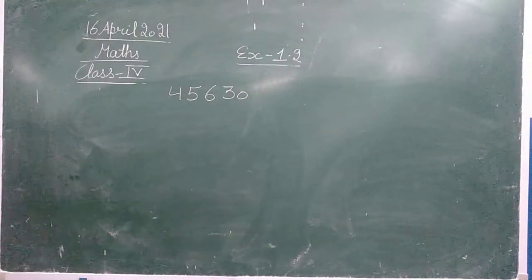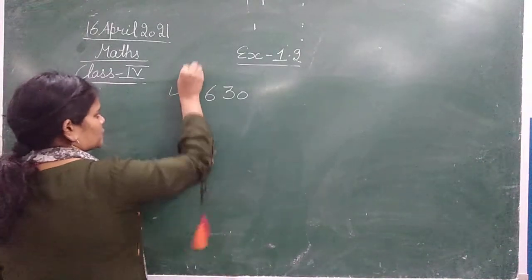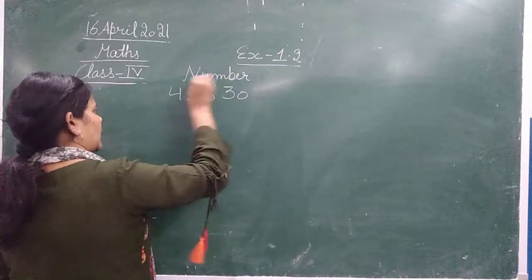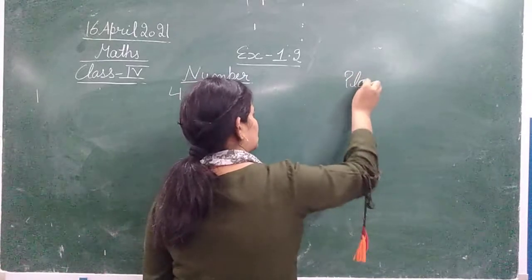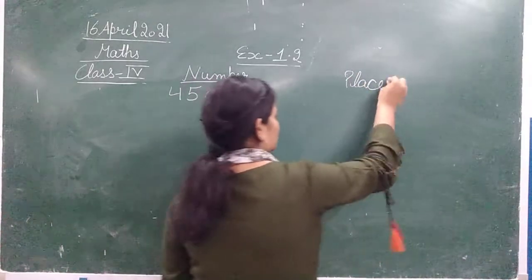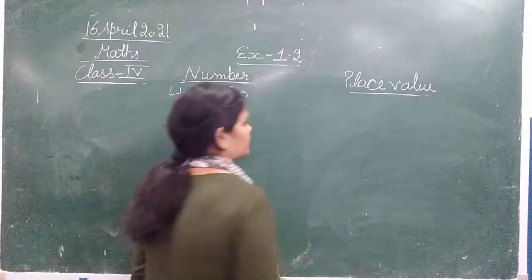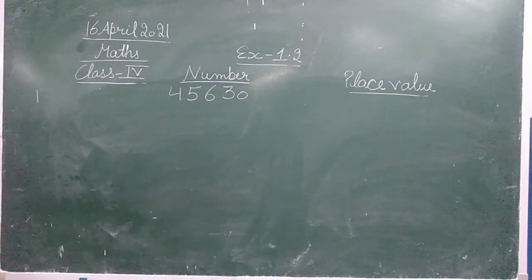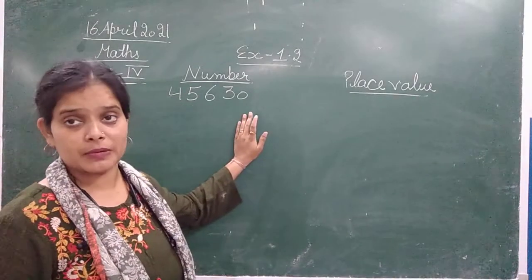So this is the number, and you need to write down its place value. आपको इसकी क्या लिखनी है? Place value. Now place value of what? So you need to write down the place value of every digit. Okay, तो यहाँ पे जितने भी digits हैं, you need to write down its place value.